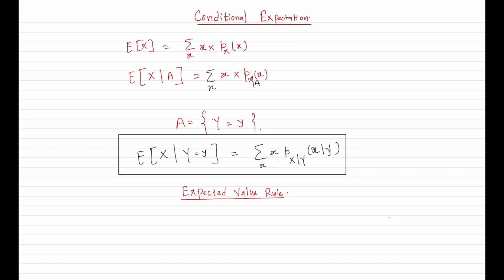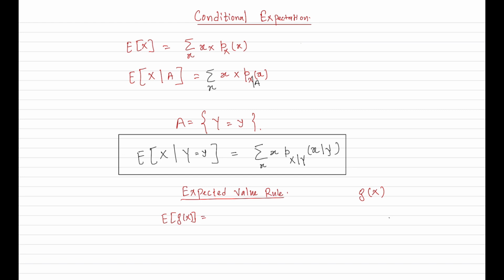Now let's proceed. We have already seen the expected value rule for the ordinary expectation. Let's say we have a function of some random variable, g(x), where x is a random variable. Now if we have to find the expectation of this function g(x), how can we do that?